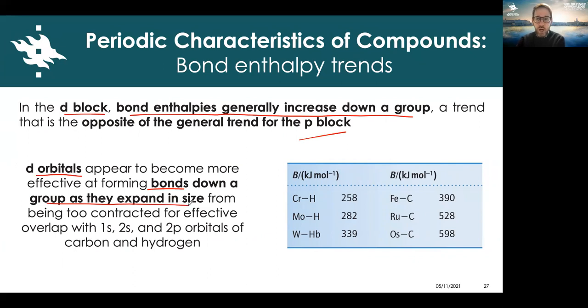So as we go down a group, the D orbitals in the elements expand in size, moving from being too contracted to being bigger or more expanded, and this creates better bonding, better conditions for efficient overlap with other orbitals such as 1s, 2s, and 2p orbitals of other elements when forming a compound. So that's why we observe this increase as we go down the group.